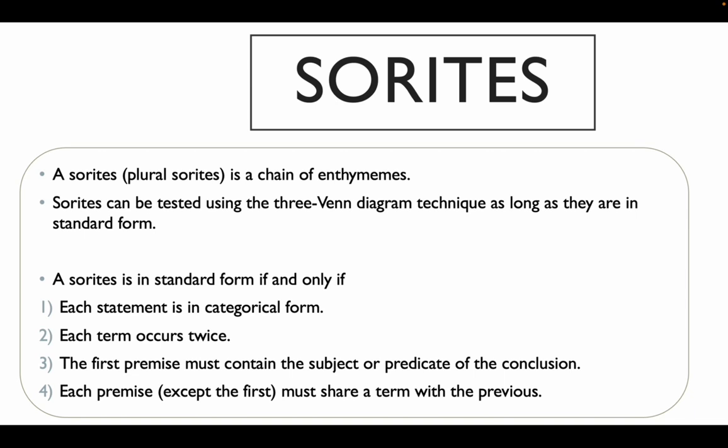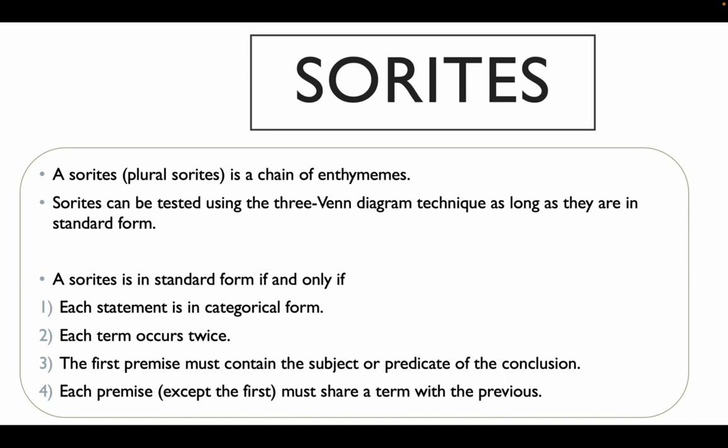How? By diagramming the premises, you will have to derive the conclusion of the first syllogism, and the conclusion of the first syllogism is going to be the first premise of the next syllogism, and so on and on.